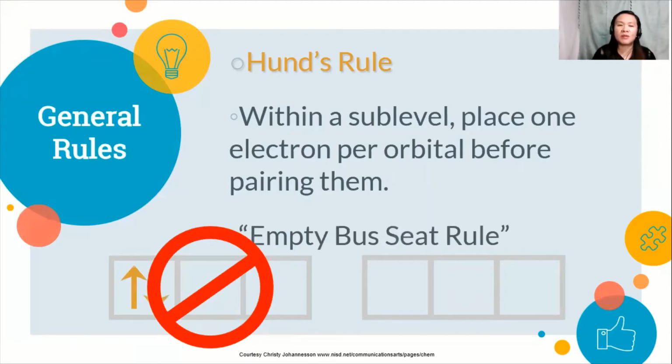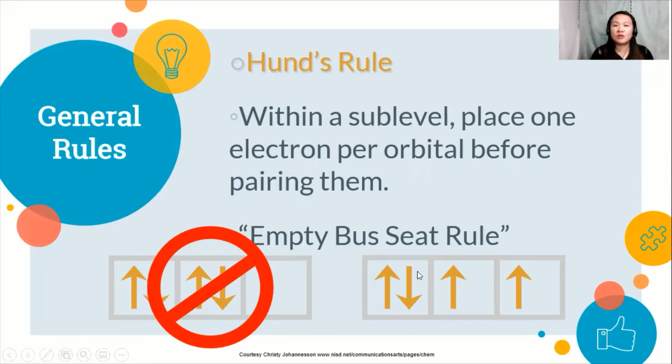So what does the empty bus seat mean? If you go inside the bus, you go to the seat that does not have a partner. Especially if the buses don't give you tickets, you can just sit anywhere.